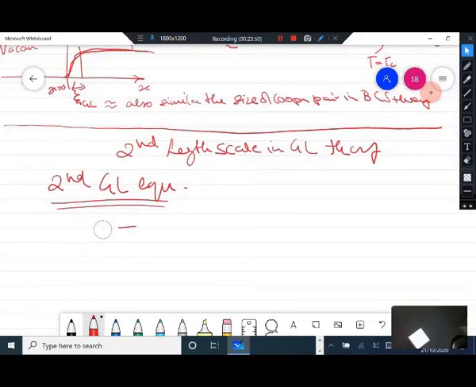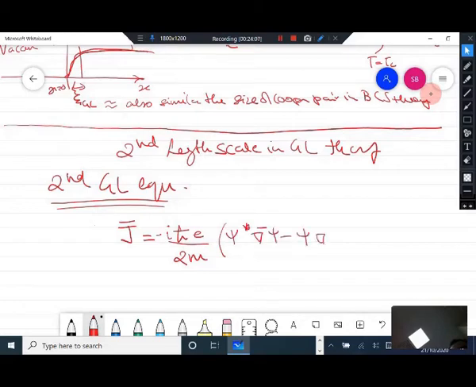J is equal to H cross minus IE H cross by 2m, psi star gradient psi minus psi gradient psi star, minus 2 E square by m vector potential A into psi naught psi square.